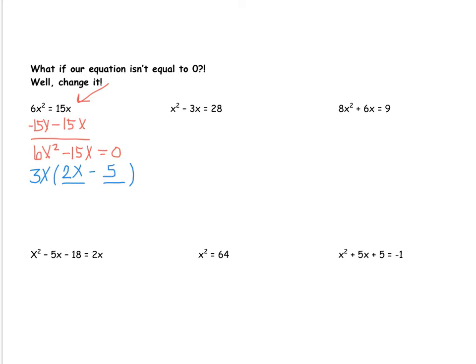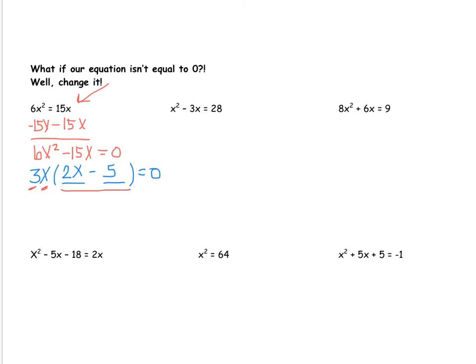I took the x out, so I do not have x's left. So I still have to keep that equal to 0. This is now factored. If you look at this, you really have 3 factors. You have 3, you have x, and you have this big factor right here.